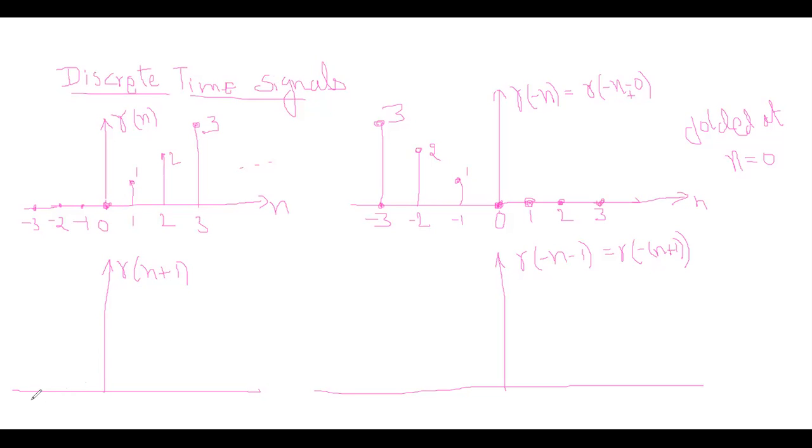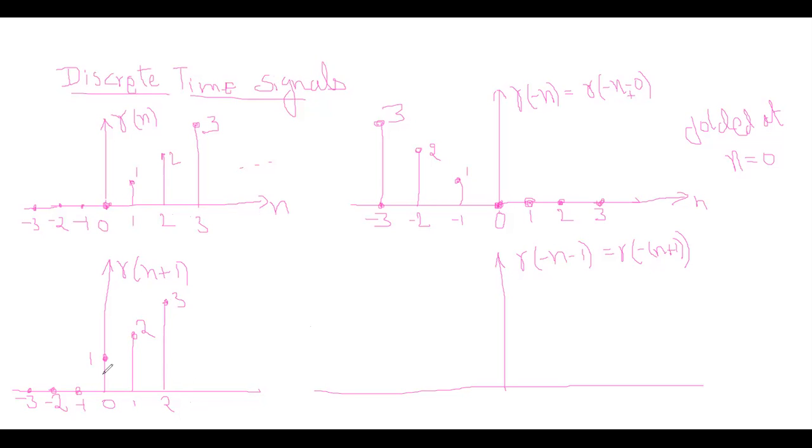We shift it towards the left side. Minus 3, 0, minus 2, 0, minus 1 is also 0, but now the value at 0 is 1, at 1 the value is 2, because it shifted towards the left side, and at 2 the value is 3. Let us assume the value at 4 is also 4.